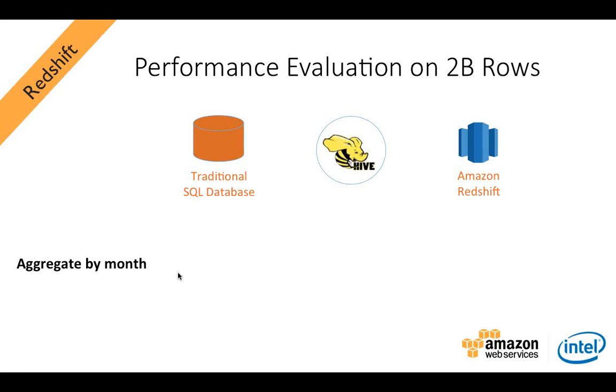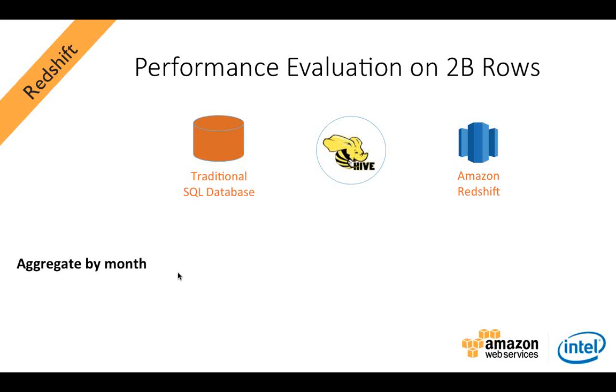So looking at performance, this was a benchmark done by one of our customers actually, who was using a traditional SQL database. They also were starting to use Hive, so Hive being a SQL layer on top of Hadoop, and they wanted to see how those two technologies stack up against Redshift.